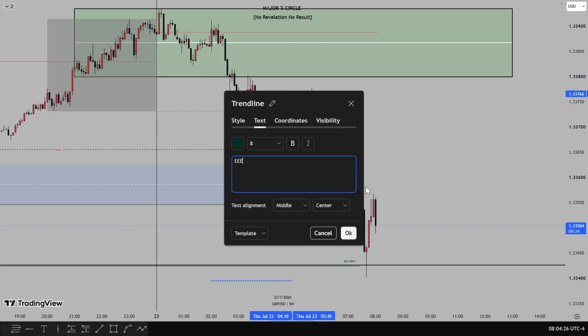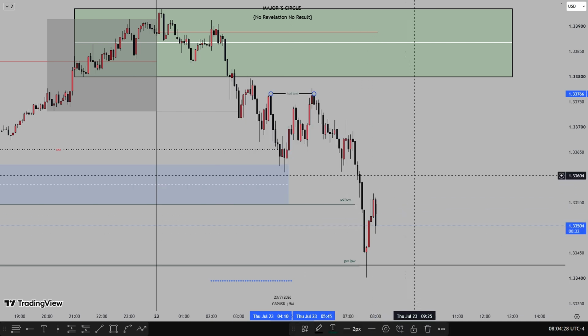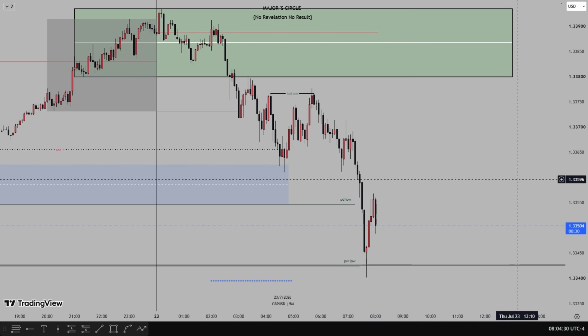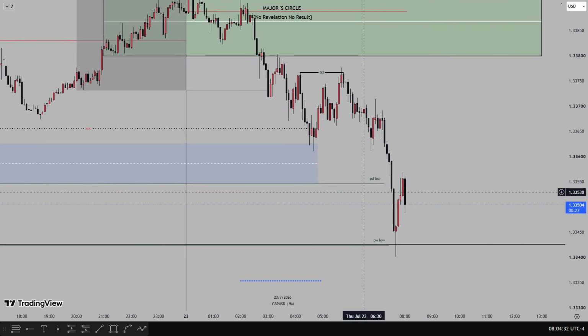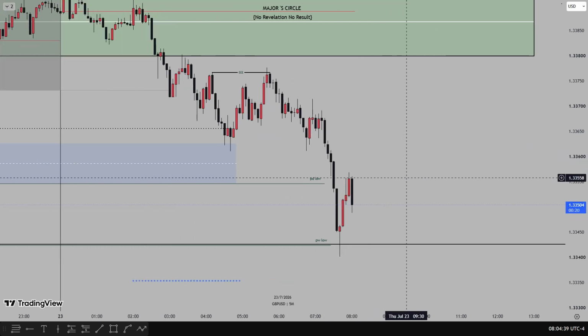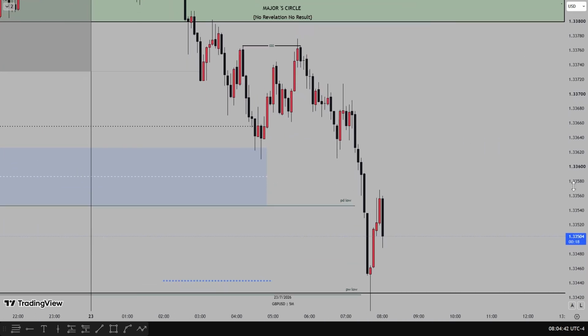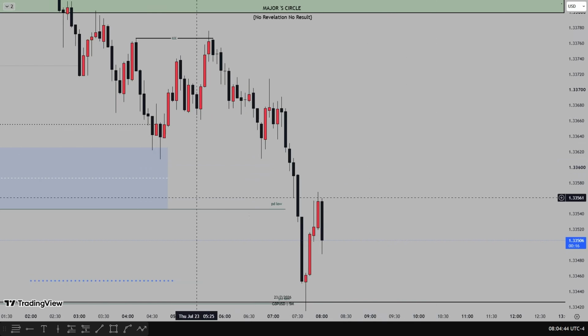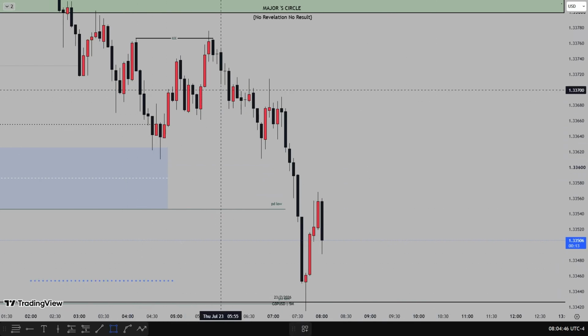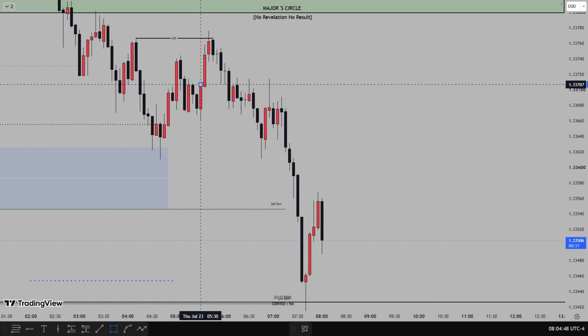Now I wanted to see a model which would allow me to target lower prices, with the immediate drop being the previous day low. Then the previous week low would also be a reasonable target point. And my entry model used for that trade was this inversion fair value gap.